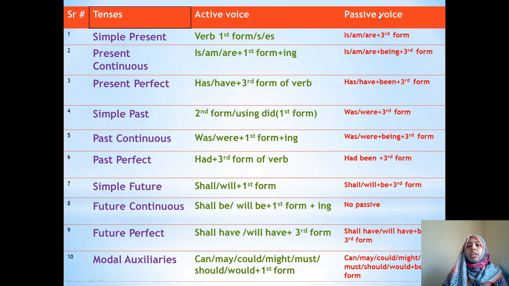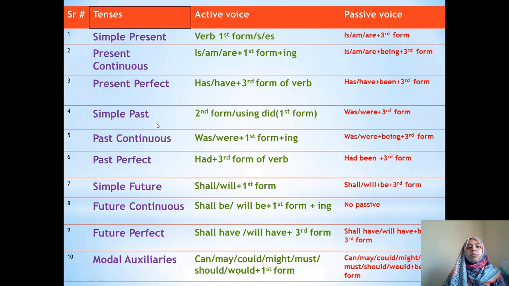Remember this thing, whenever you change active into passive voice, we always use the past participle, the third form, in passive voice, in every tense. Okay, is, am, are plus being plus third form of verb. Present perfect: has, have plus third form of verb; has, have been plus third form of verb.